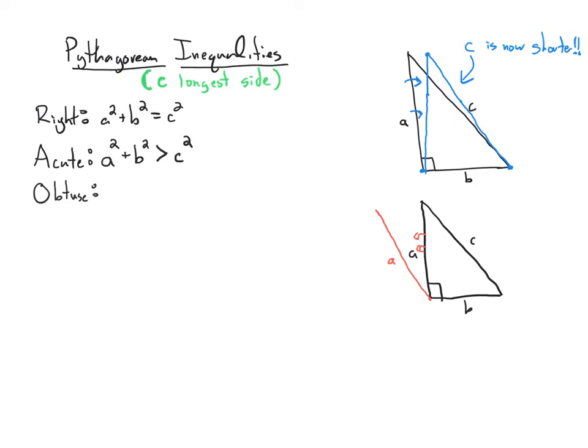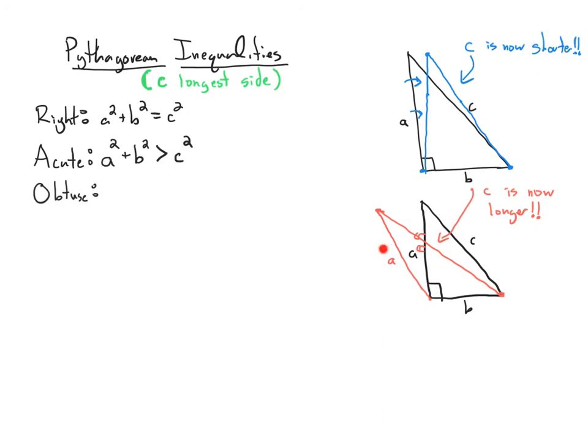Now what happens to the side C to make a triangle? Well, if I rotate this, C is just joining up those endpoints. And you can see here that C has indeed gotten larger. So C is now longer. And if C is bigger, then its square is bigger.